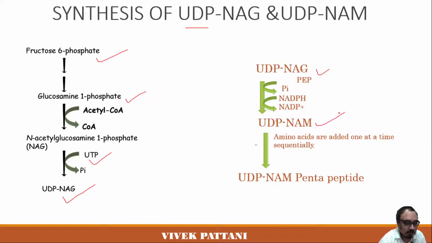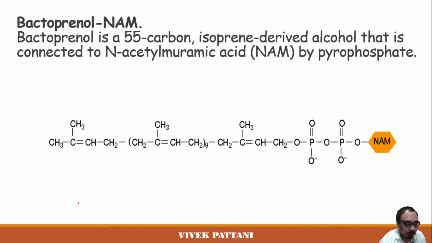After the formation of UDP-NAM, amino acids are added sequentially, one by one, forming a pentapeptide. So there is addition of 5 amino acids sequentially. Which amino acid is added may vary according to the type of bacteria.